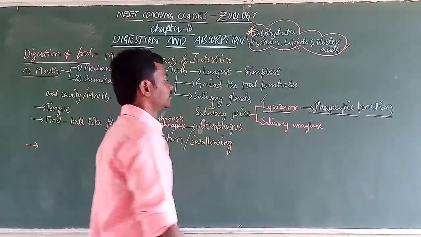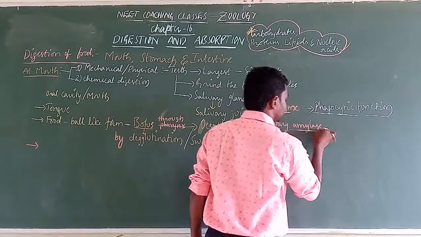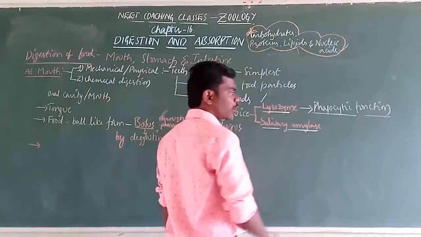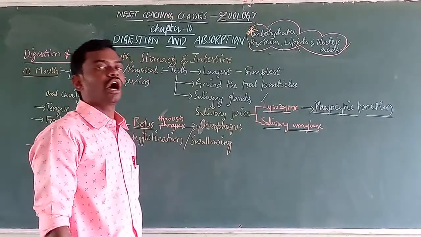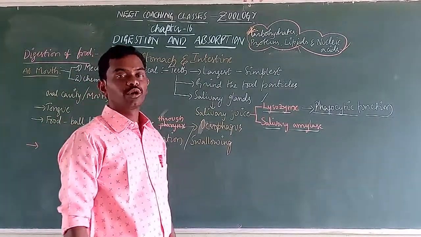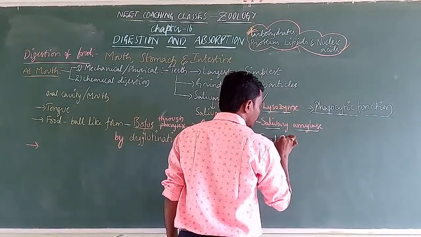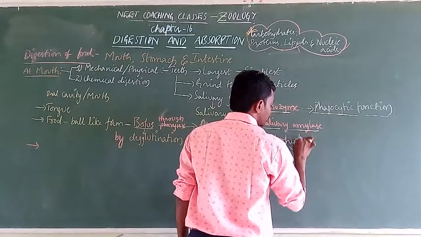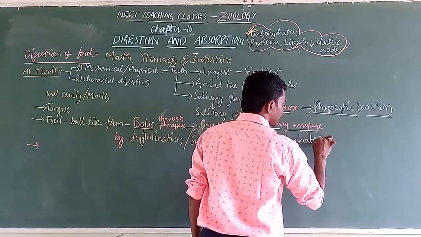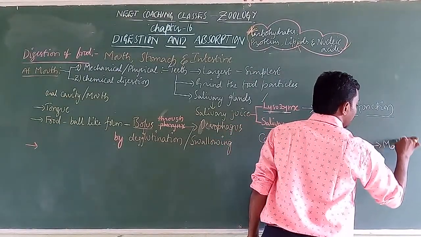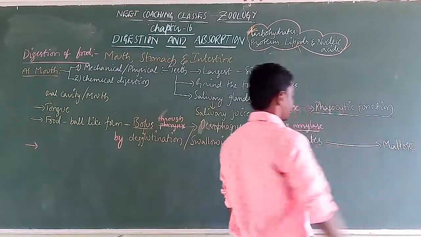And next, the salivary amylase. The salivary amylase is responsible for the breaking of carbohydrates into disaccharides, which is called maltose.